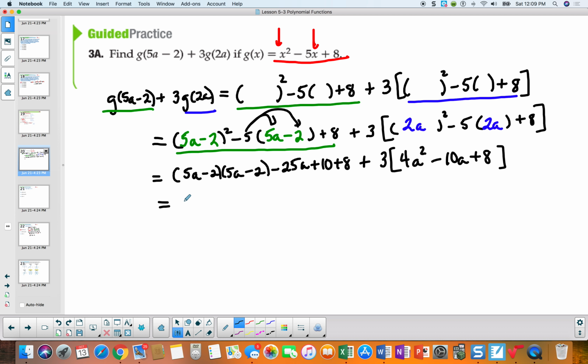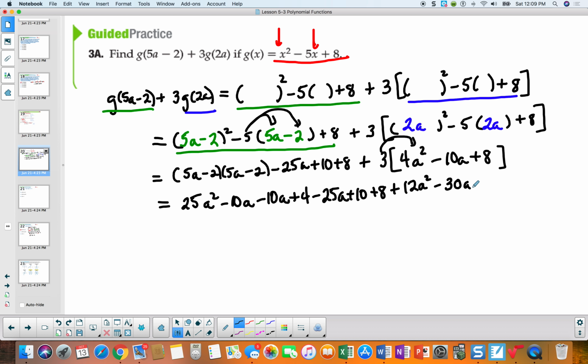I'm going to do my foiling, which is 25a squared. I'm going to do my outer, which is minus 10a, my inner minus 10a, my last plus 4. Then I'm going to have this minus 25a, and I have plus 10 plus 8, and now I'm going to distribute, plus 12a squared minus 30a plus 24.